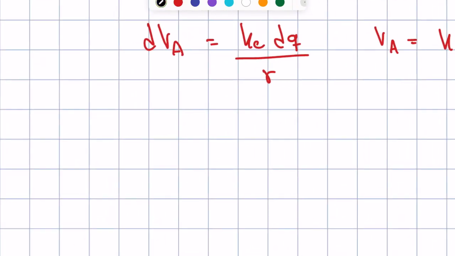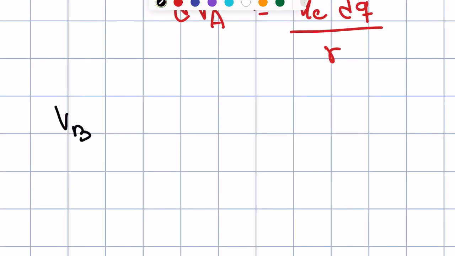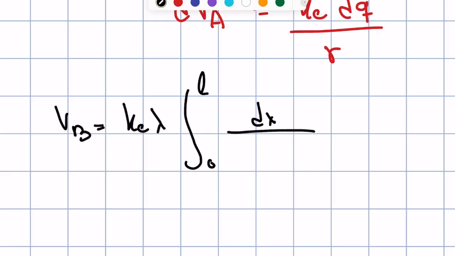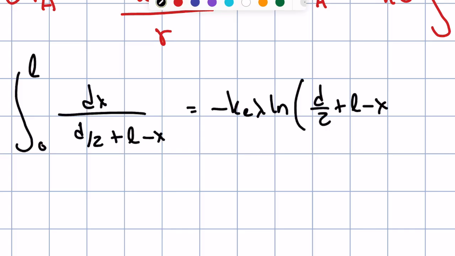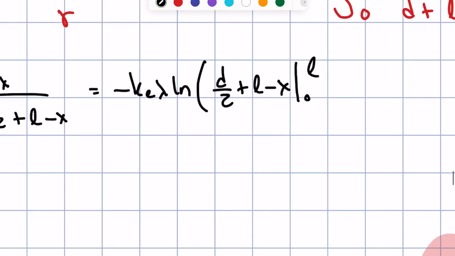So if I write that out, we get VB is equal to Ke lambda, integral x goes from 0 to L, dx divided by d over 2 plus L minus x, and that is going to be negative Ke lambda ln of d over 2 plus L minus x, where x goes from 0 to L.